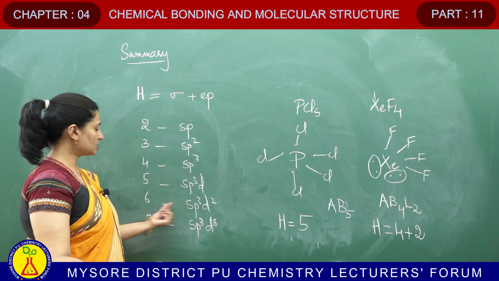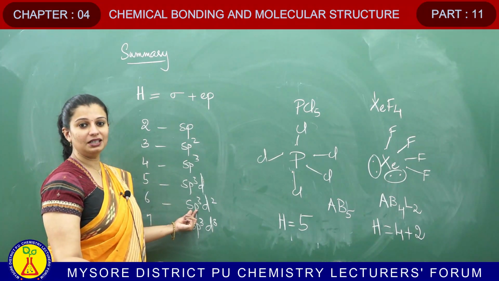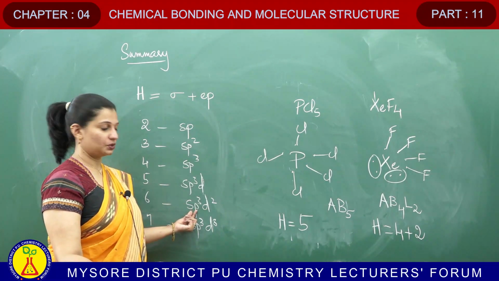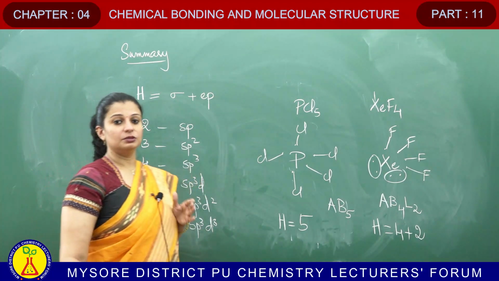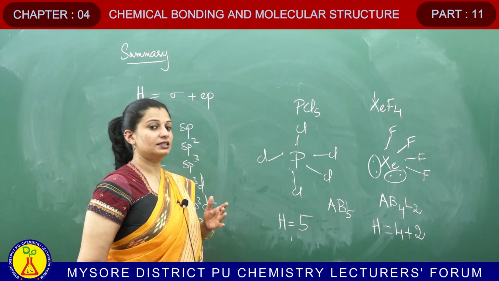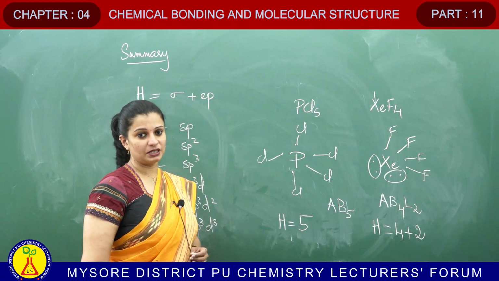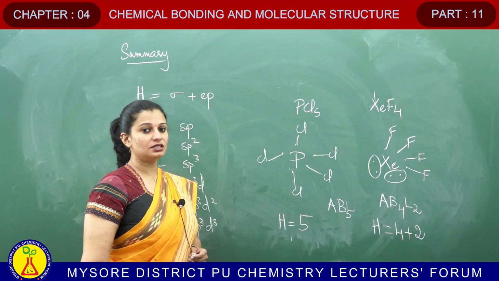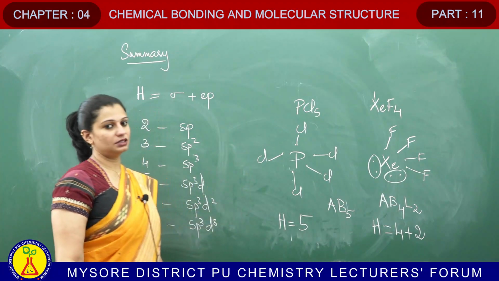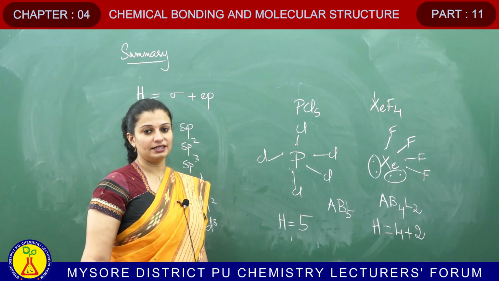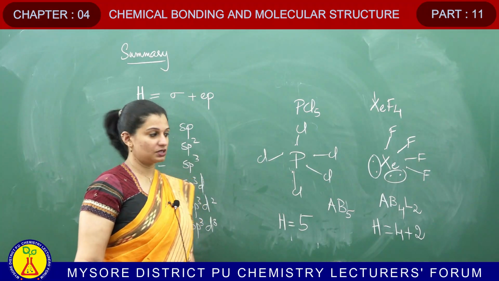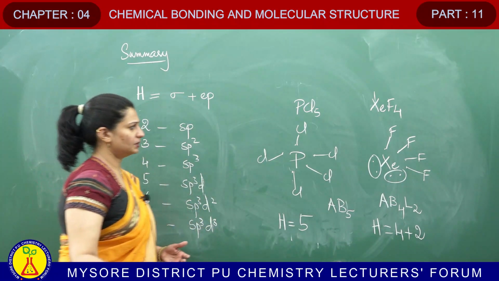And if you have 6, the hybridization is sp3d2. So the molecule is square planar with a bond angle of 90 degrees and its hybridization is sp3d2. So this is how you can use this method to find out the shape, the geometry as well as the hybridization of different molecules.